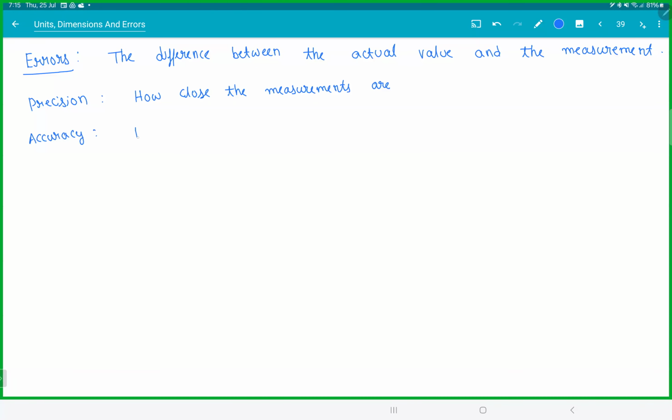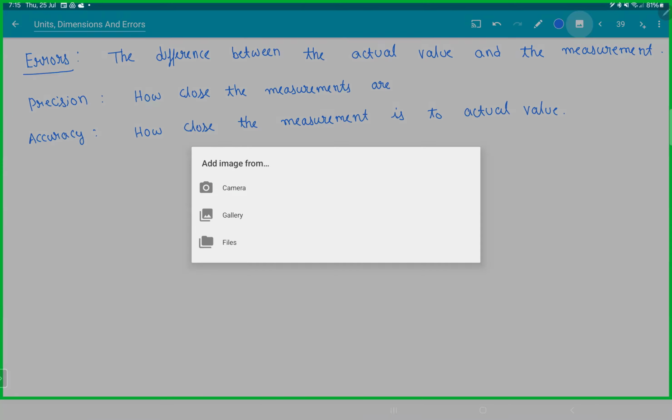Accuracy tells you how close the measurement is to the actual value. I think a picture would be better.